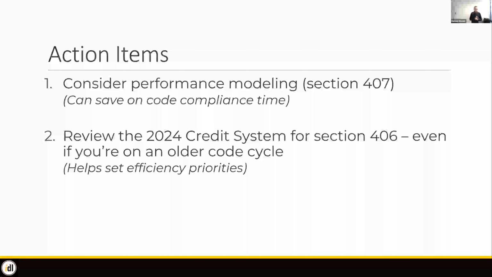Even if you're on an older code cycle, even if you don't need to do this, I think it will help in terms of trying to set energy efficiency priorities. That's the goal of it. It's trying to show you what is the low-hanging fruit out there. The code's trying to push you towards designing for what makes the most sense for that particular occupancy type and climate zone. Is it going to be right all the time? Absolutely not. But it might help you along the way.